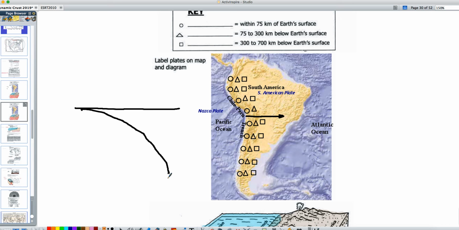Interesting. Well, let me add to the diagram a little bit. What does this look like? This looks like a piece of lithospheric plate subducting beneath an overriding plate. Interesting. So this earthquake data is what tells us that there's probably something called subduction happening here.